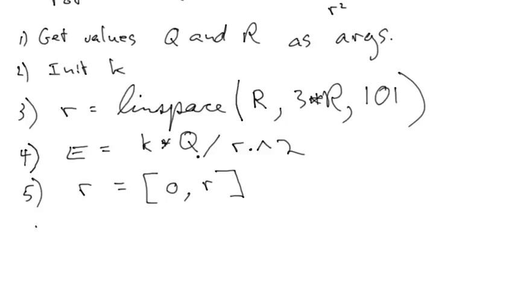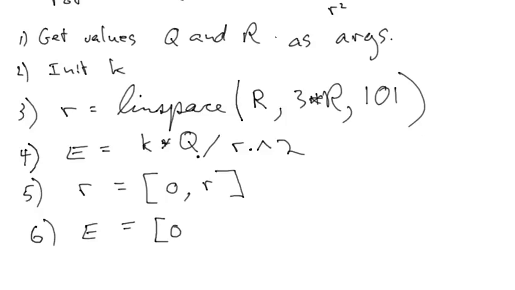And also, I want to say E, which is an array of 101 values, calculated values of E for little r equal to capital R out to 3R. I'm going to say same thing. At 0, E is 0.